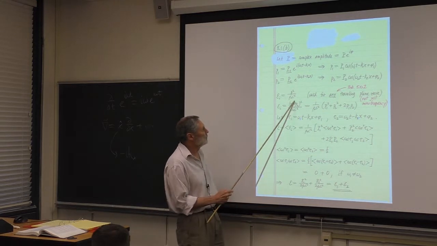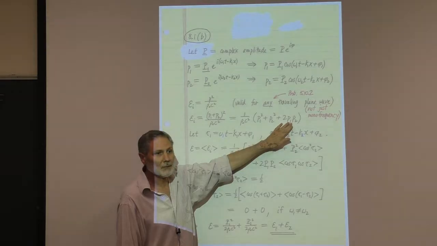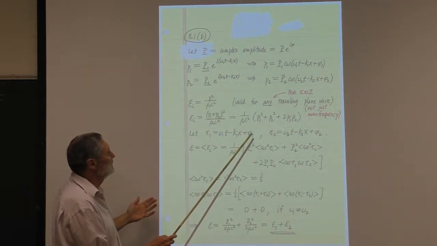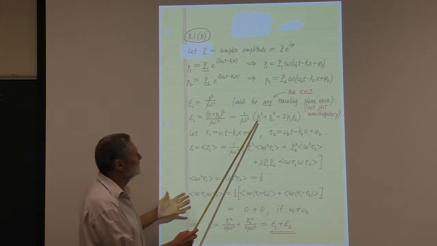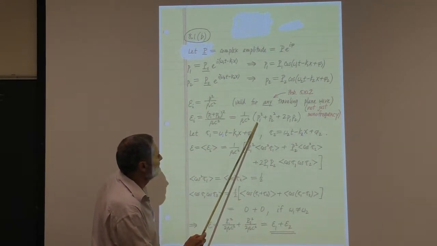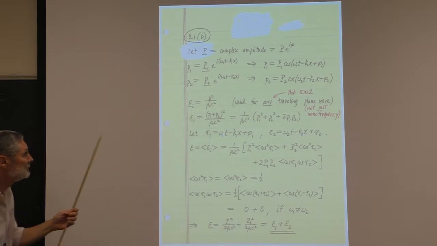Now you can see the problem with the square. We're picking up another term here. So the total instantaneous energy density is not simply the energy density of the first wave plus that of the second wave. We get this extra term because of the square.